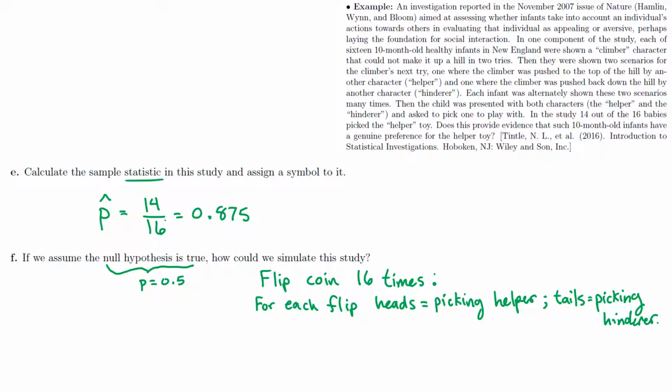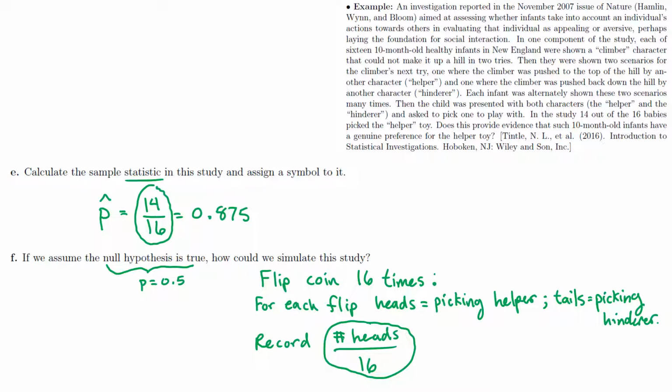And what we'll do, of course, is record the number of heads divided by 16, and that gives me the same exact measurement as my actual sample. And so how often do we see results like our sample? That's really what we're trying to answer.